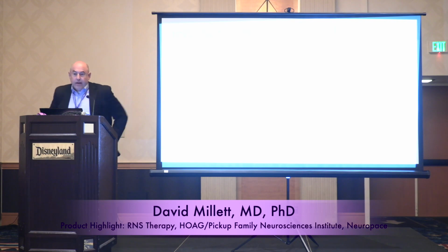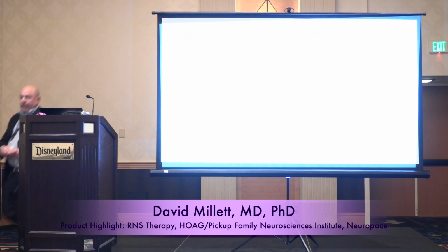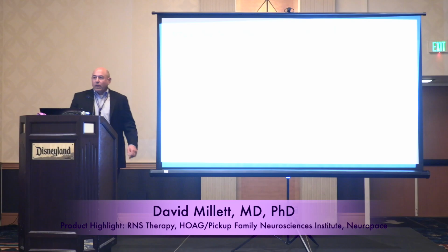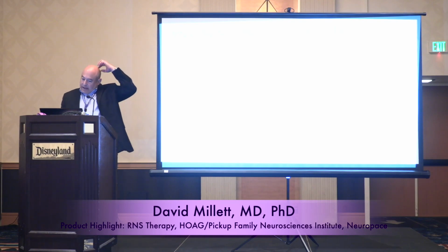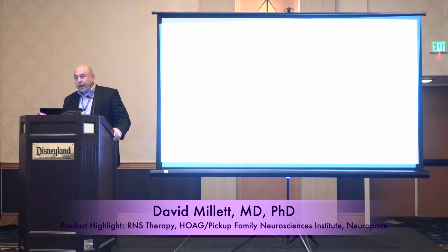So I have, courtesy of some of our Neuropace friends, if nobody's seen one of these before, this is what the generator looked like without the key ring. We don't implant the key ring in the head. So that's what the RNS battery and generator look like. That's actually implanted in the skull, so there's a small amount of bone that is removed, and then a thin titanium tray is implanted, and that RNS generator rests in the tray.